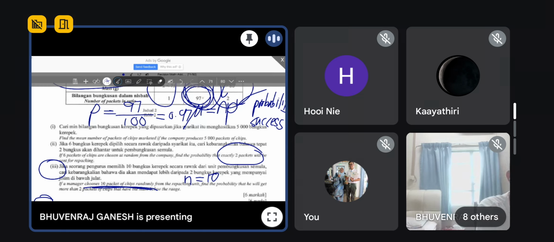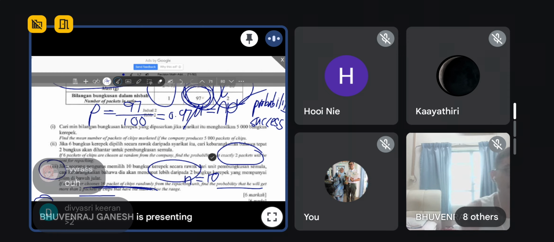So then if you read the whole question, what is your R value? Apa nilai R? I'm teaching you all how to identify your N value, R value, and P value for binomial by just reading the question. Baca soalan saja. Adakah 2 sahaja? Kena hati-hati tahu. Soalan kata lebih daripada 2.